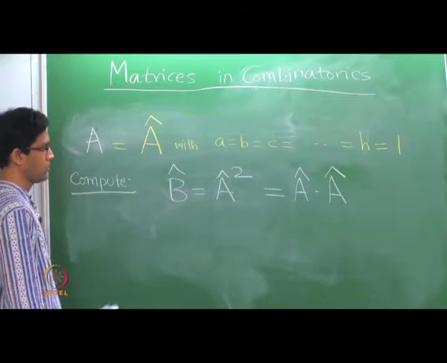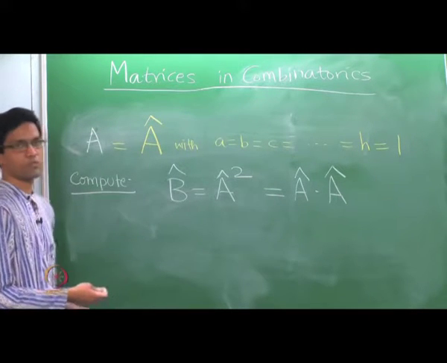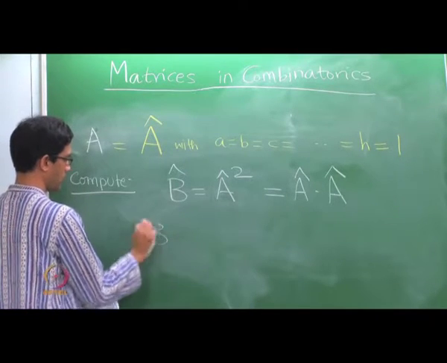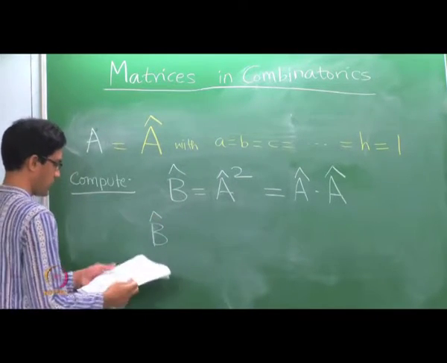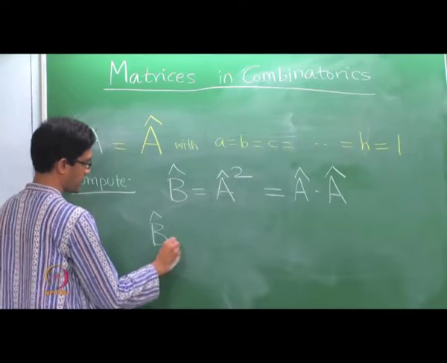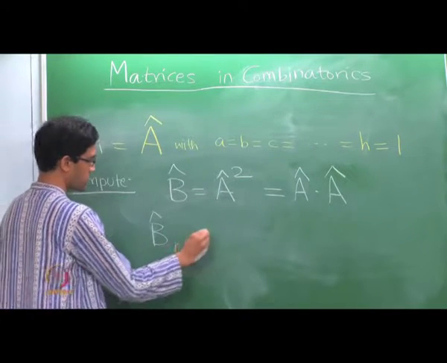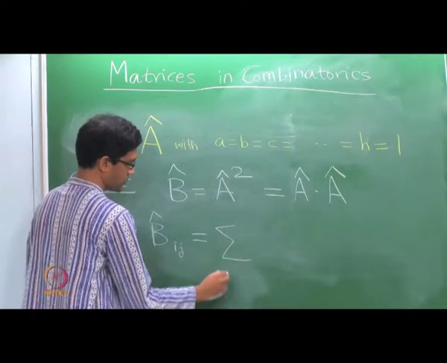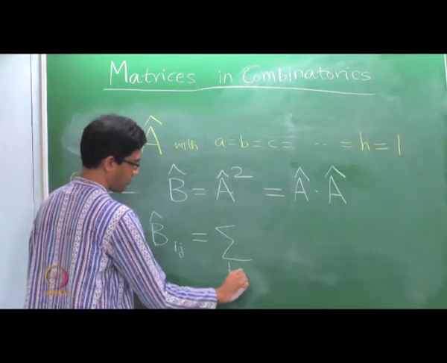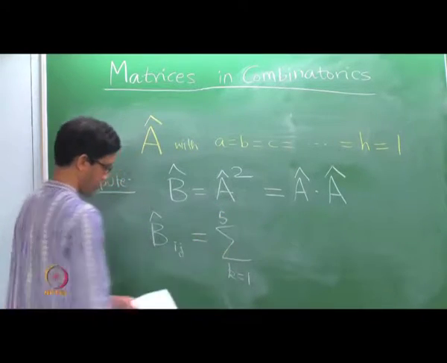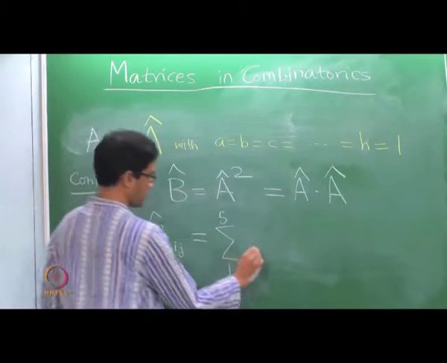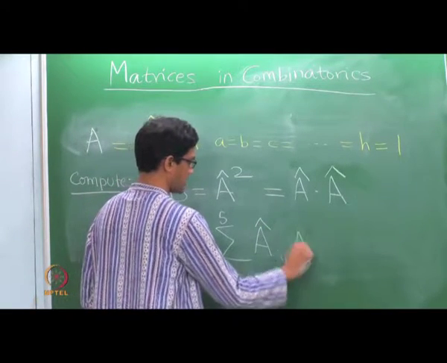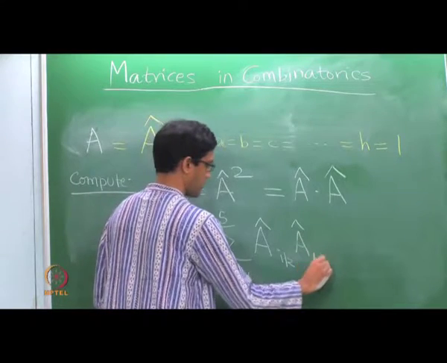Now multiplying this matrix with itself of course means we need to go back to the definition of matrix multiplication. Recall that if I want to find the ijth entry of B hat, it's given by a summation: k going from 1 to 5, A hat ik times A hat kj.